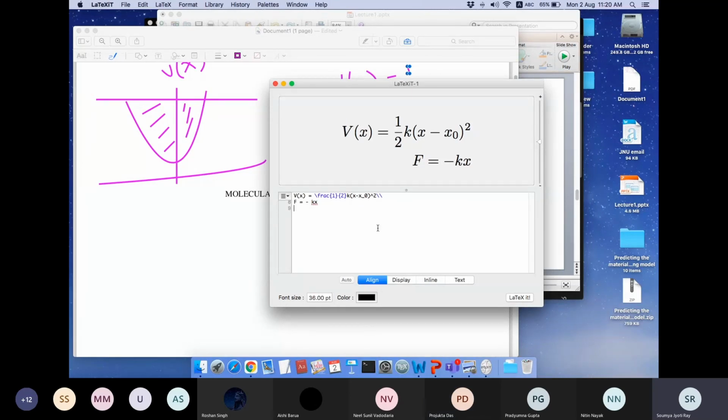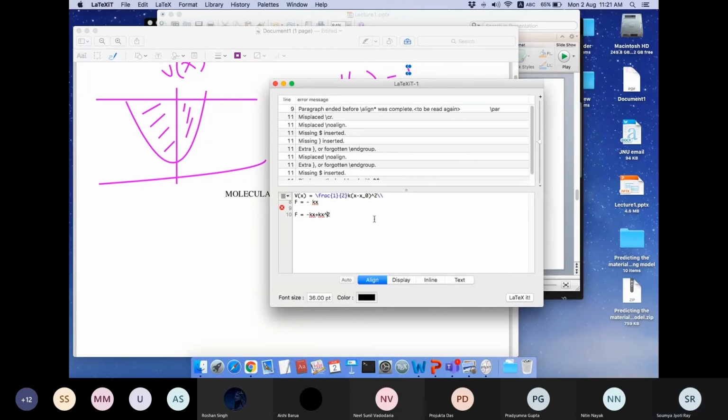Let's say F equals minus kx plus, I don't know, kx squared.